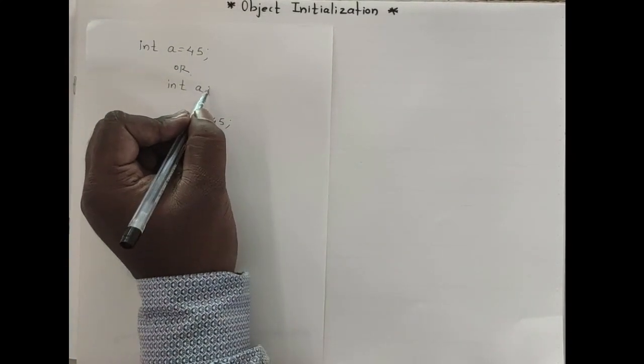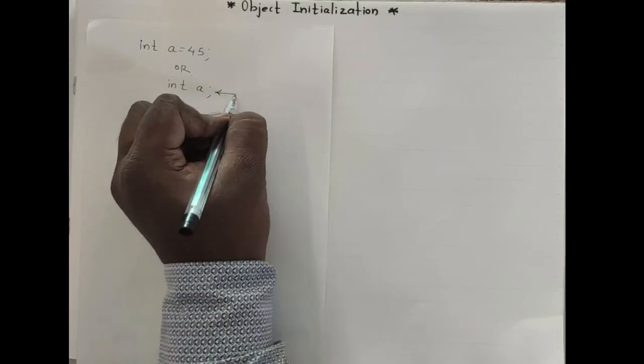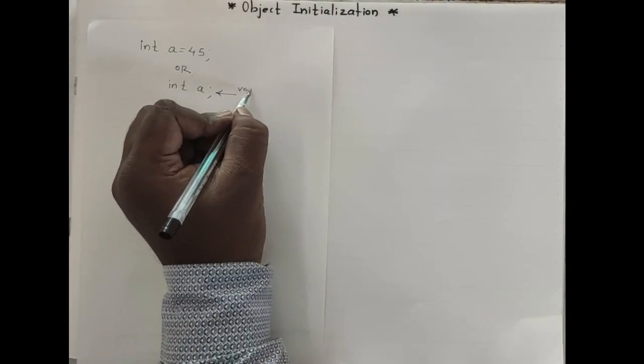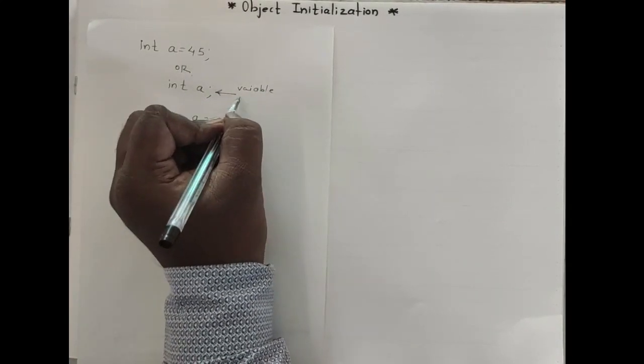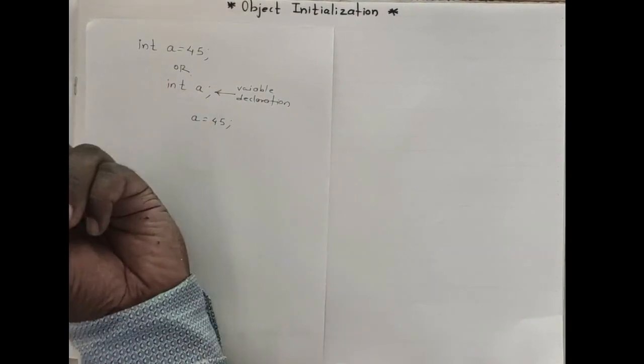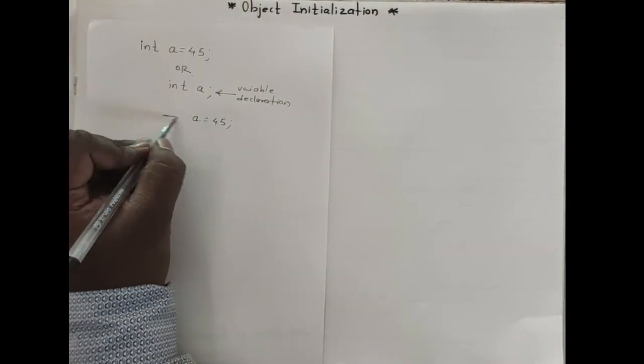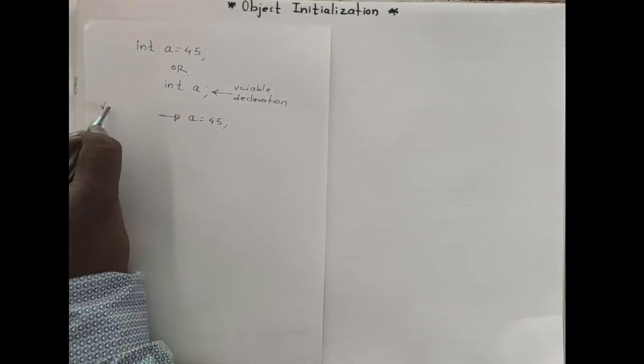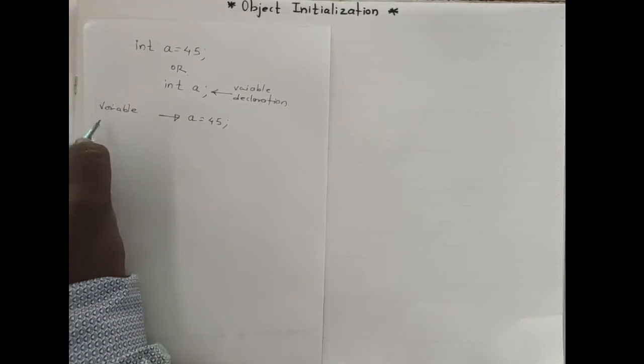This int a semicolon is called variable declaration, and this a is equal to 45 is called variable initialization.